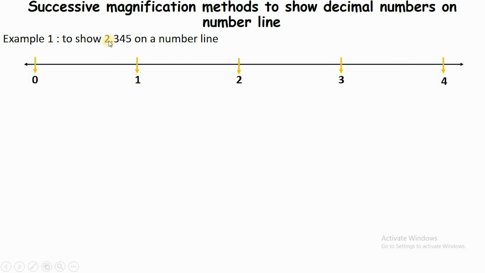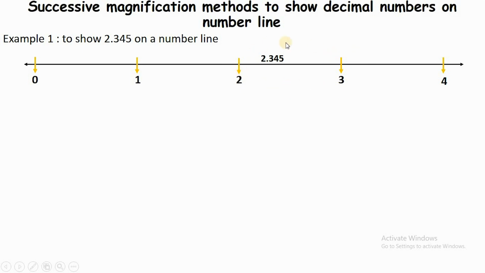And now we'll look at the number that is 2.345. And 2.345 is more than 2 and it is less than 3. Therefore, this number 2.345 lies between 2 and 3.